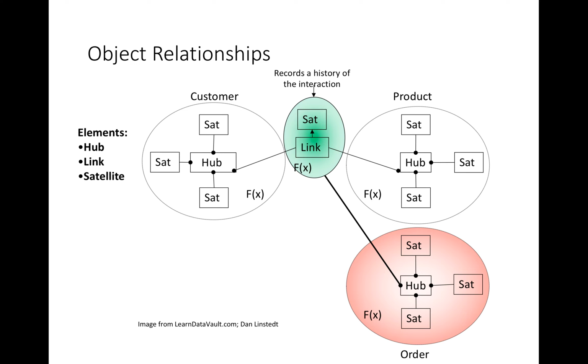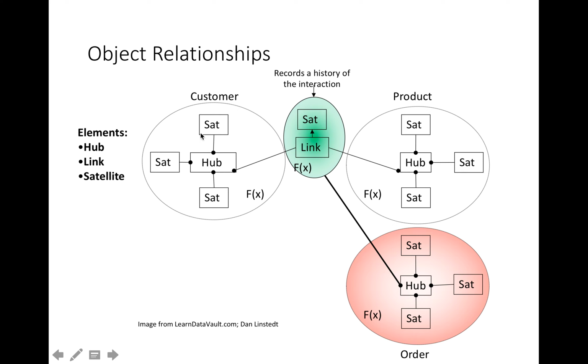This is how, in reality, we'll have a Data Vault model. We'll have a hub, surrounded by a number of satellites, and two different hubs can be linked using a link, and the link has its own satellite. In this example, we are seeing an order, product, and customer relationship.